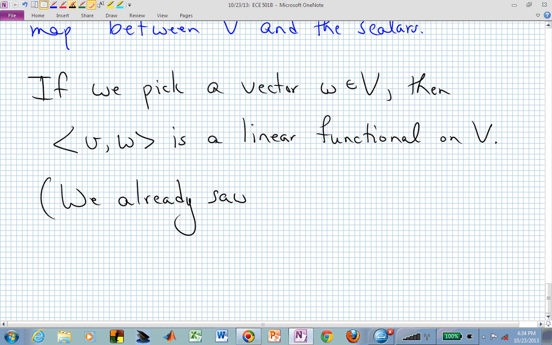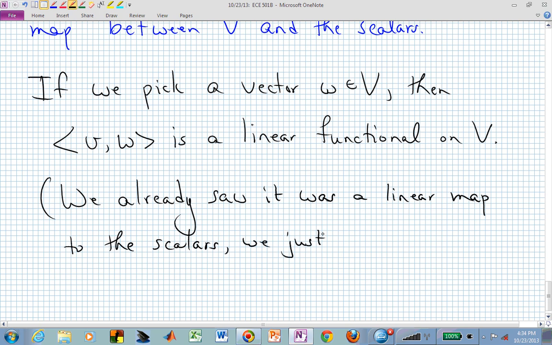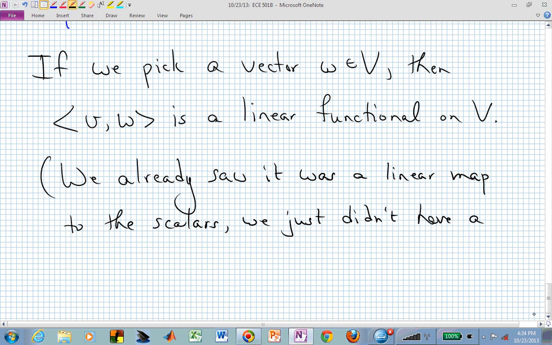Let's say we already saw it. It was a linear map to the scalars. That's the inner product. We just hadn't called it a linear functional, which we could say, oh, that's a special name.